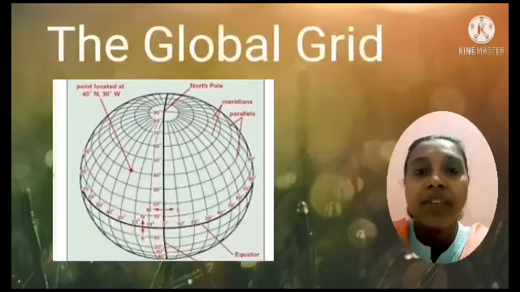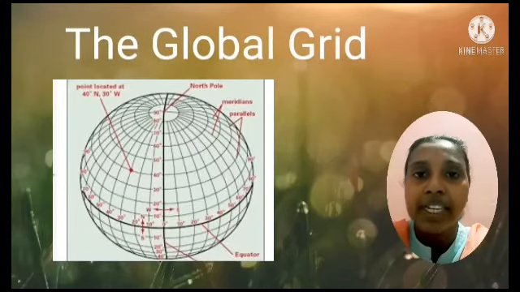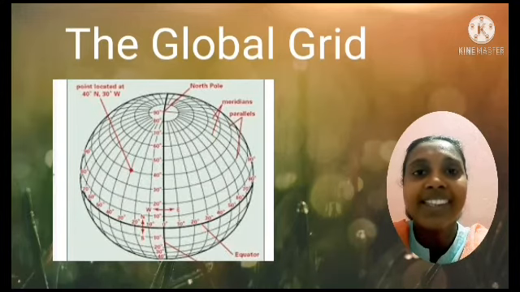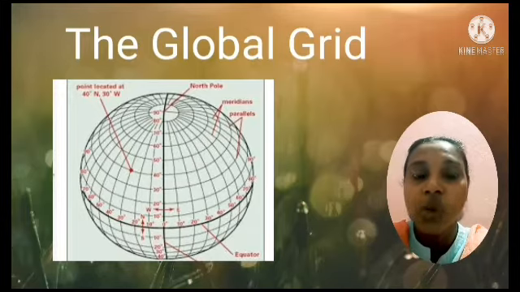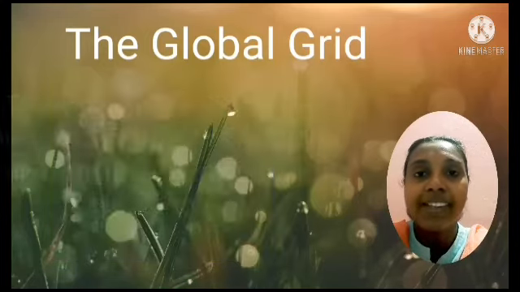Okay. Next we can discuss the global grid. Dear children, we have already learned about grids. Do you know what a grid is? Yes, a grid is a network of lines crossing each other to form squares or rectangles. Very good. Then what is a global grid?